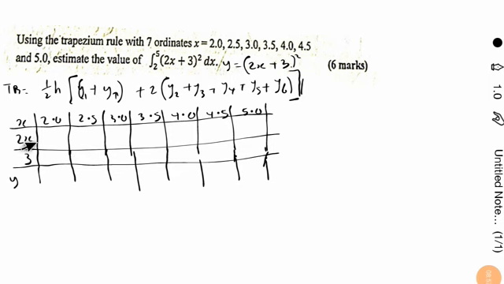So to get the values here: when s is equal to 2.0, what will be the value of 2s? When s is equal to 2.0, 2s is equal to 2 times 2.0, which gives us 4.0.